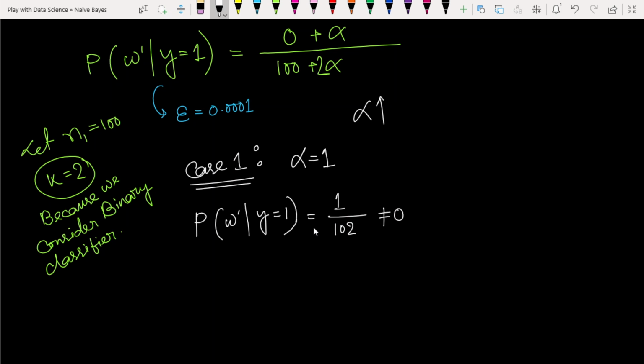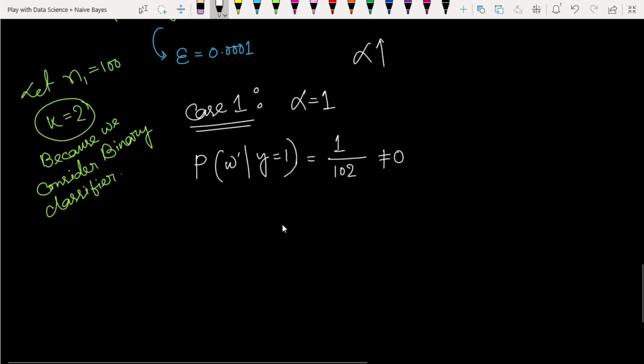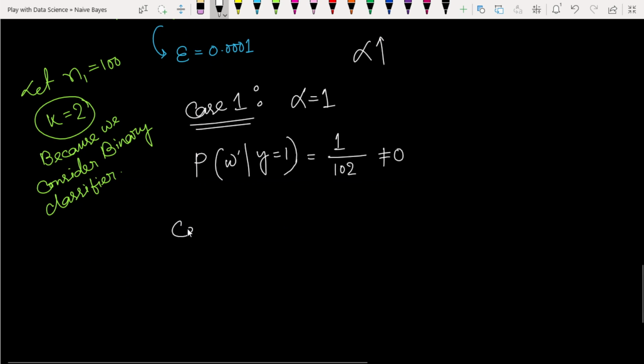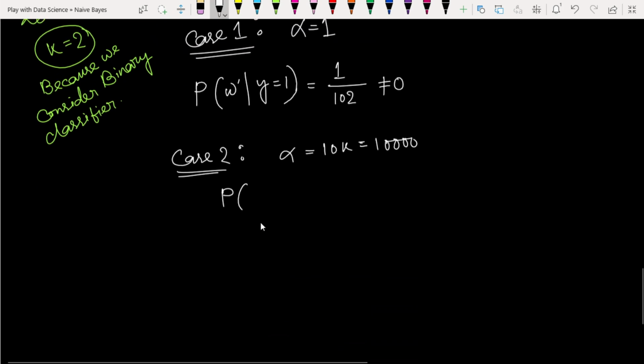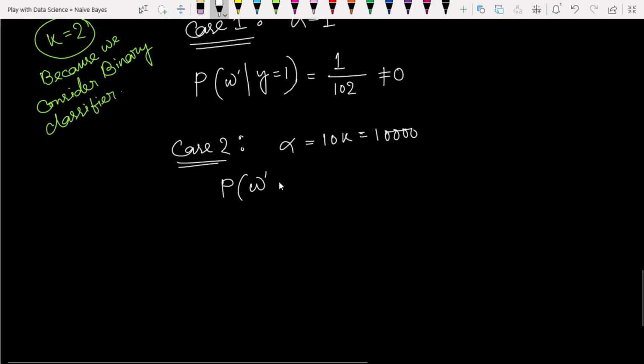Now in case 2, let's take alpha equal to, suppose, 10,000. We have taken the value 10,000. So now what will be this probability in this case, for w dash given y equal to 1?